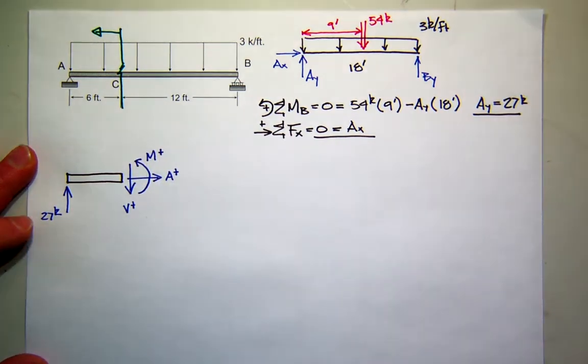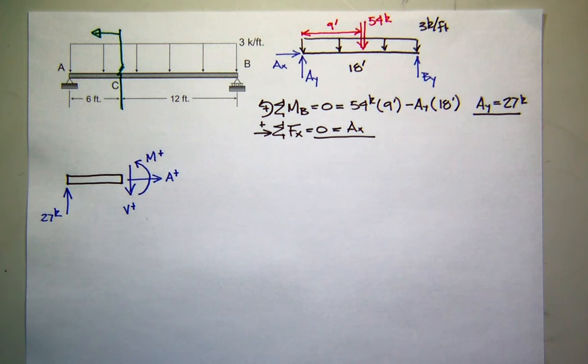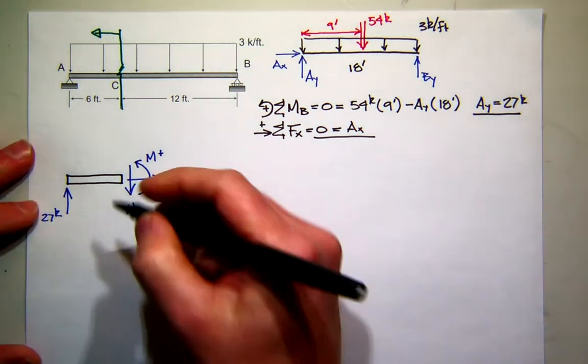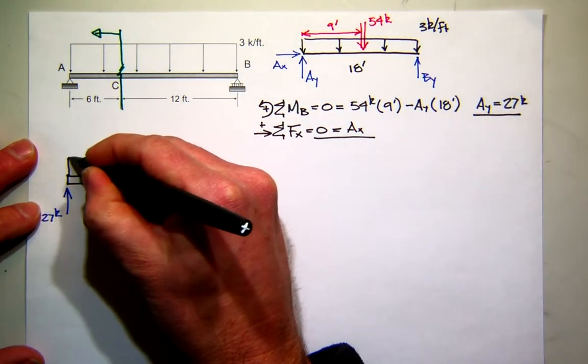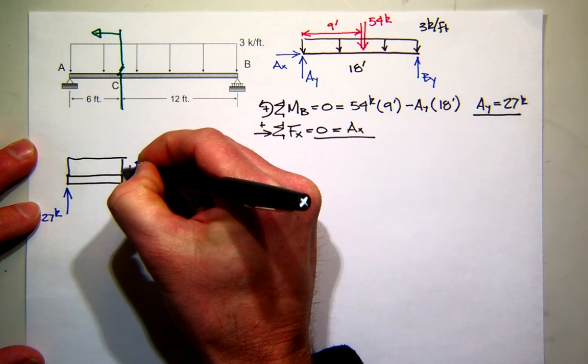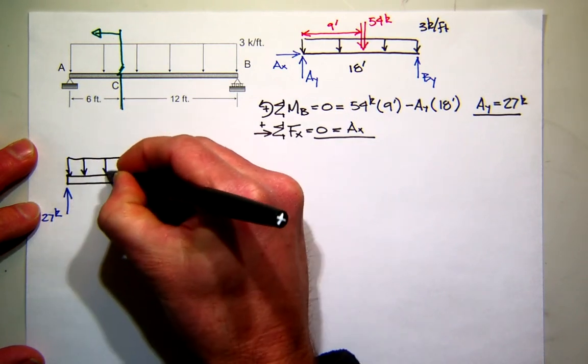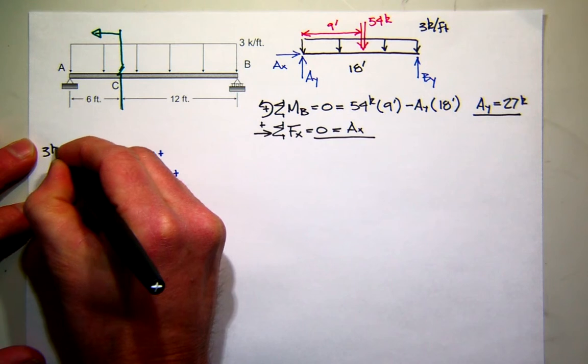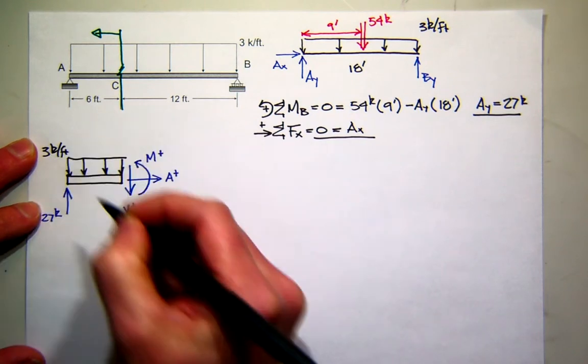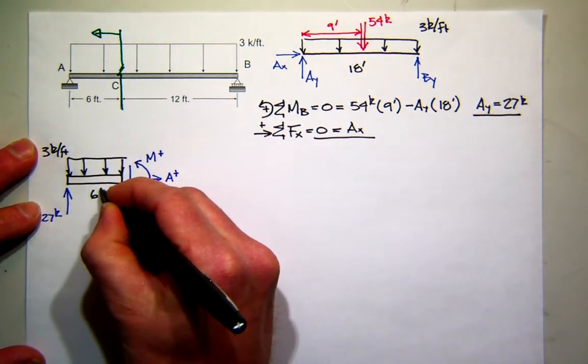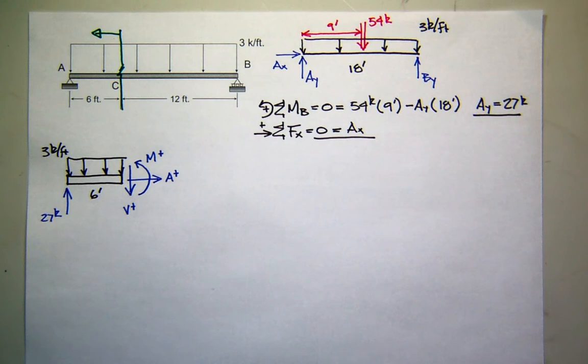Those little plus signs are just to tell you that I'm sticking with the positive sign convention. Then I have my distributed load. It's still 3 kips per foot, and this little section is only 6 feet long. So I've got everything I need, right?